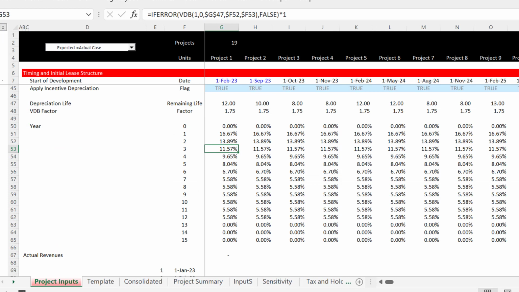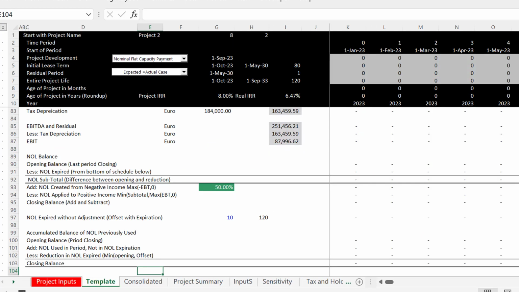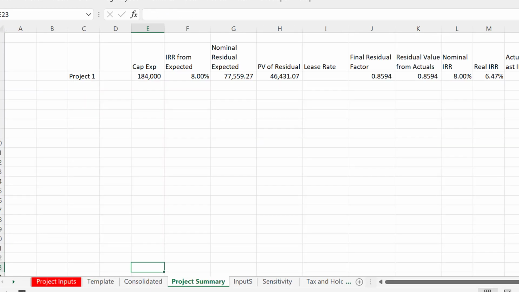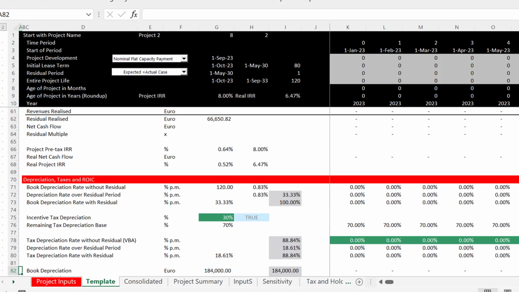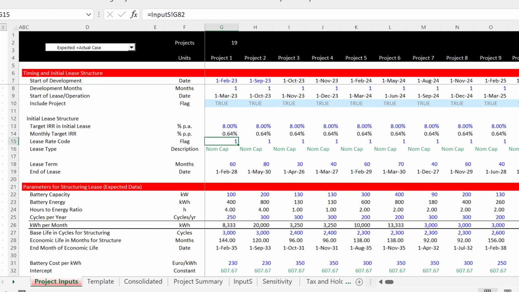Now, we're going to work through some of the issues one by one. I haven't really practiced this, I probably should, but everything's in the template, and I just wanted to make this a little more complicated so you can see things and start thinking about things. The first thing is we have different economic lives. I put the inputs up here.